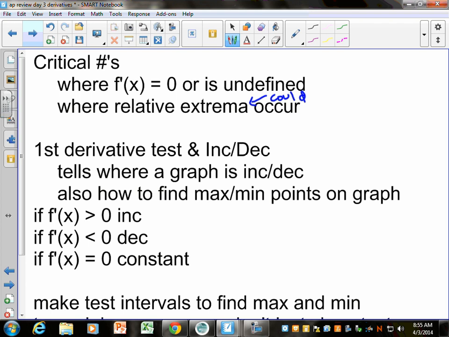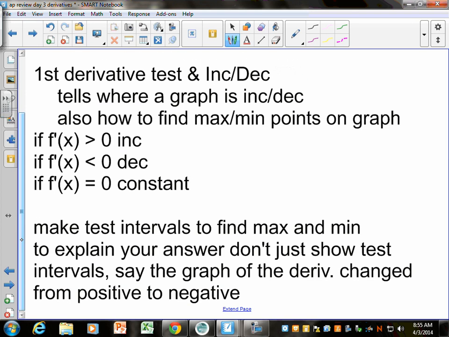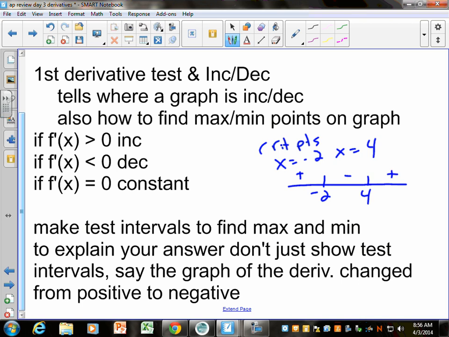And when we find our critical points, that's where we usually make the little test intervals to do this. Like if we found that our critical points were like x equals -2 and x equals 4, then we would usually do something like this, and we plug into the derivative to see if it's positive or negative, and we'd be like, oh, this is positive, this is negative, this is positive, and we would say, oh, that means this is increasing to decreasing, so that must be a relative max.